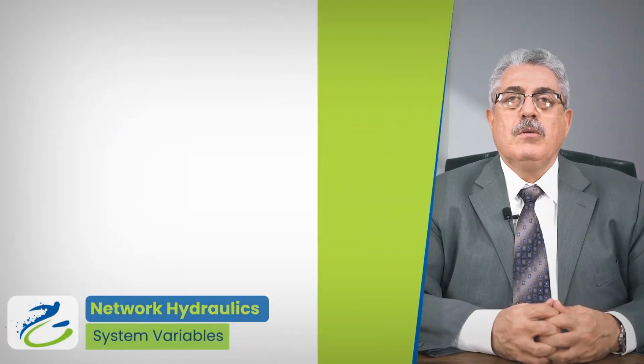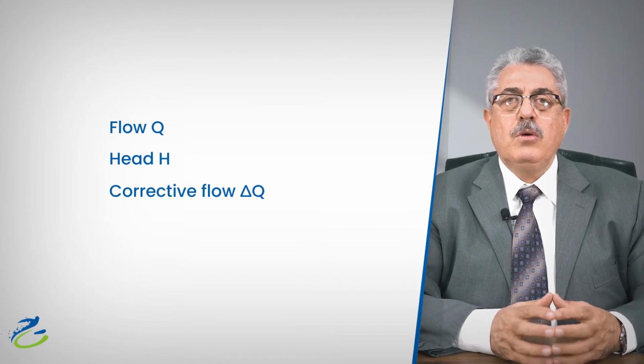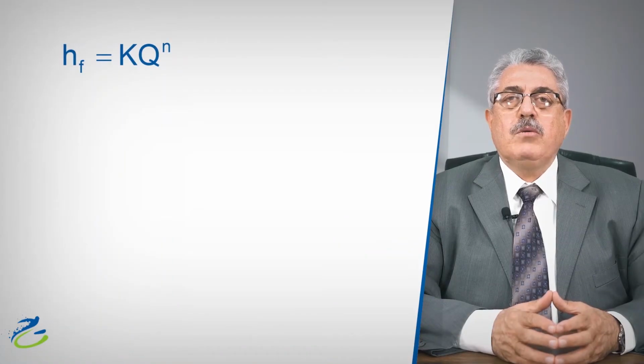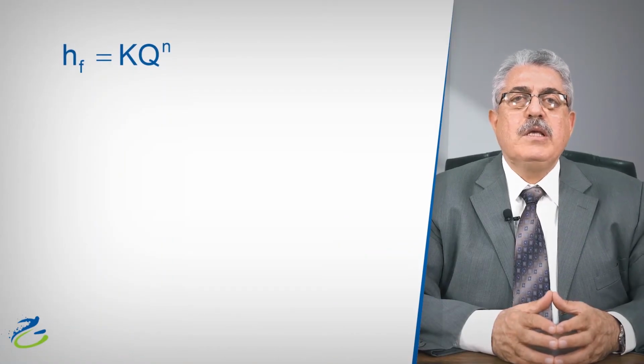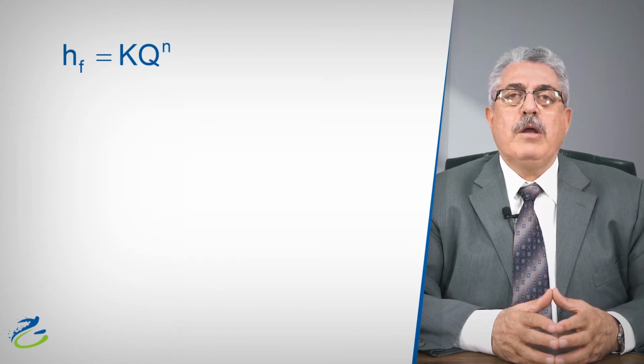To solve the three types of problems mentioned previously, we can use different variables. We can use flow or Q, head or H, corrective flow delta Q, or corrective head delta H. To show you how the four variables are expressed in terms of equation, you can see the first equation, head loss is a constant multiplied by Q raised to a certain power n.